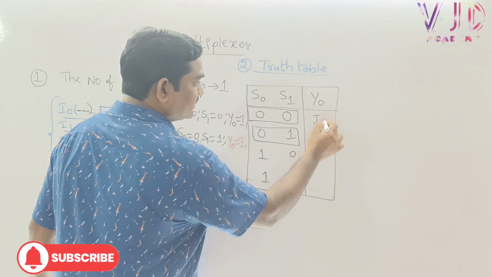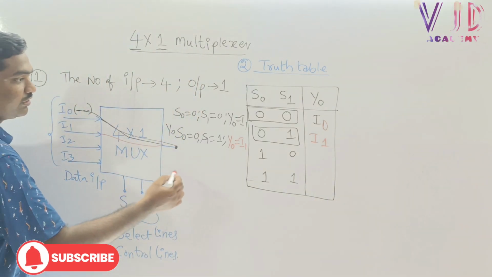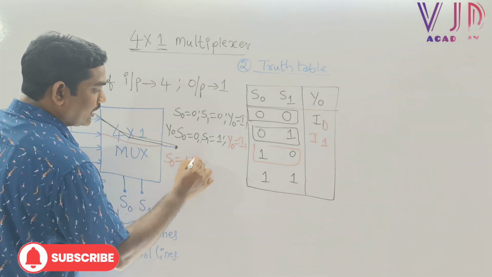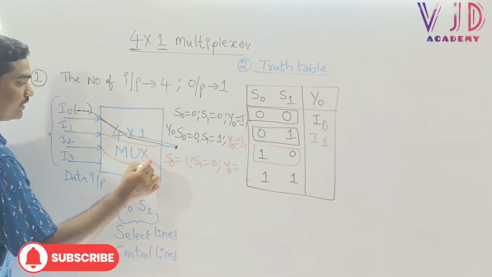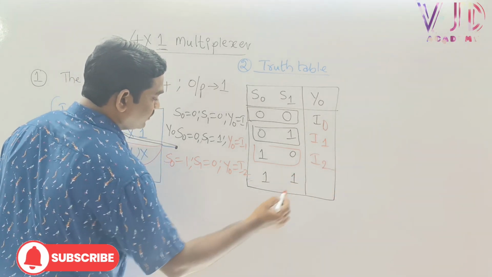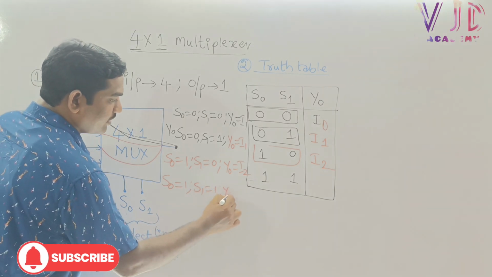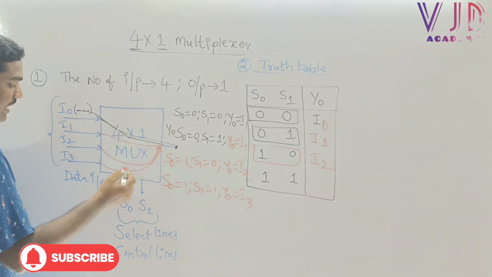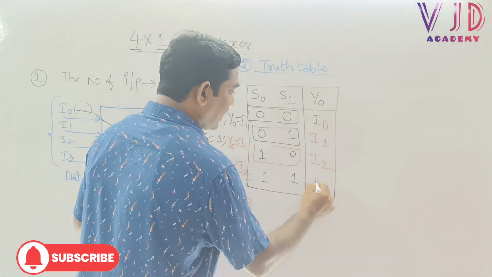Third, 1 0, which means S0 equal to 1 and S1 equal to 0, then I2 will go to the output, Y0 equal to I2. Finally S0 equal to 1 and S1 equal to 1, then Y0 equal to I3, which means the other three are disabled, and I3 will be connected to Y0.